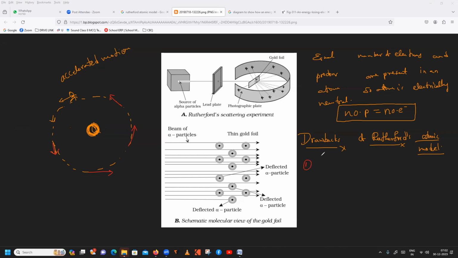The first drawback is that Rutherford could not explain the stability of the atom. Rutherford explained many things, but he could not explain the stability of the atom. That is the first drawback.